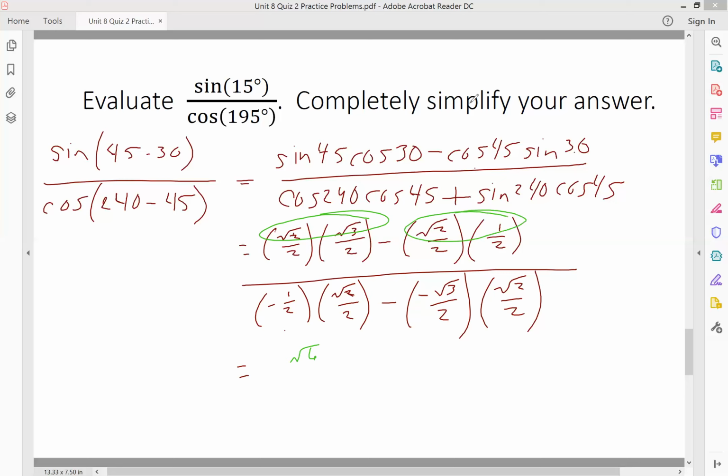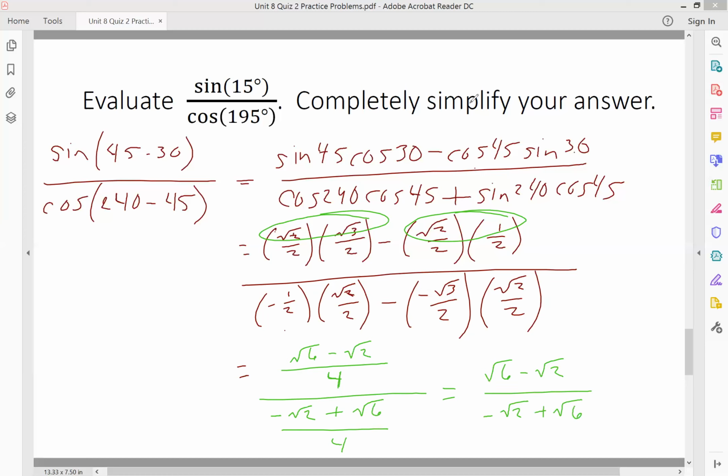Square root of 2 times 1 is square root of 2, so that's square root of 6 minus square root of 2 over 4, common denominator. And then the denominator is going to be negative square root 2 minus a negative would be plus square root 6 over 4. Multiply by the reciprocal, and the 4's will reduce. So you get square root of 6 minus square root of 2 over negative square root of 2 plus square root of 6.